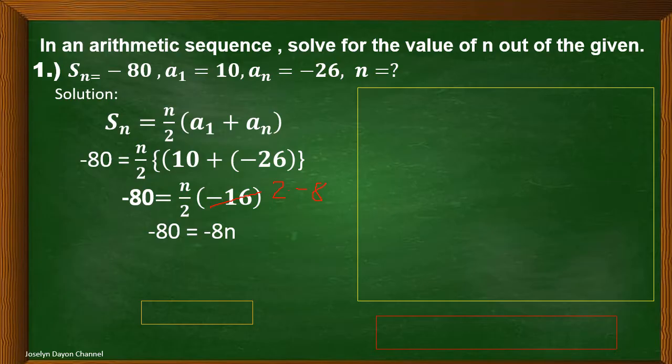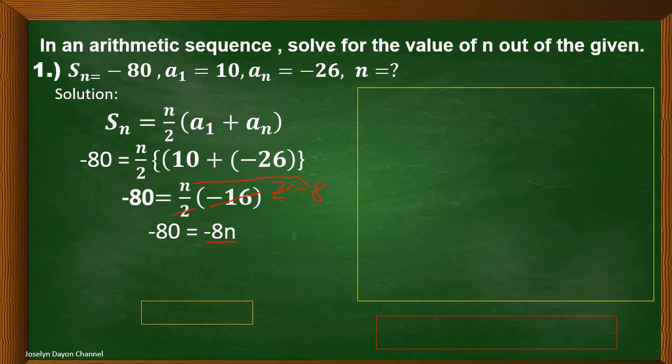So we can cancel out 2 in the denominator and 2 here as one of the factors. What is left is n and negative 8, so n times negative 8 is negative 8n. Or you can also multiply n times negative 16. The answer is negative 16n divided by 2, and that is negative 8n.